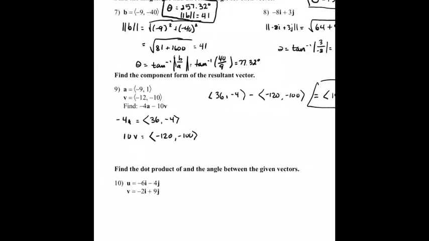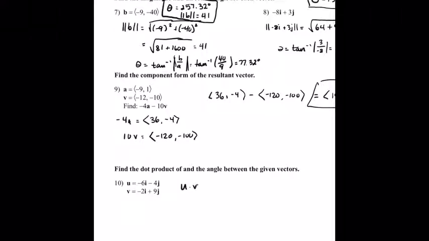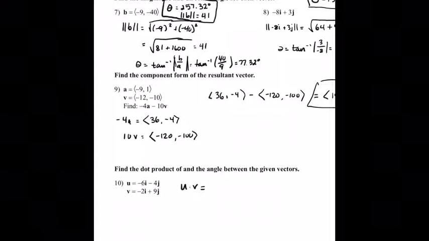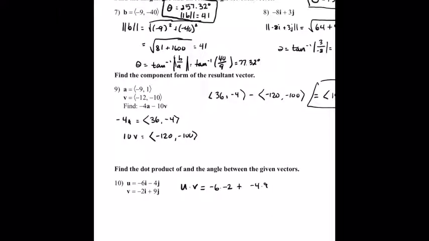So we need to find a dot product for question 10. This is the learning target at the end of lesson 4.3, which is dot product and finding angle between two vectors. So the dot product is the product of the horizontal components, so -6 times -2, and then you add that to the product of the vertical components, -4 times 9.